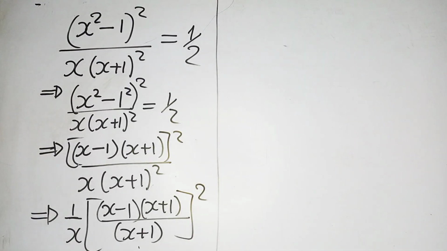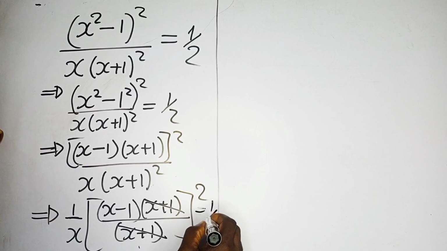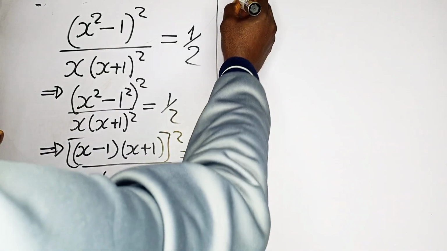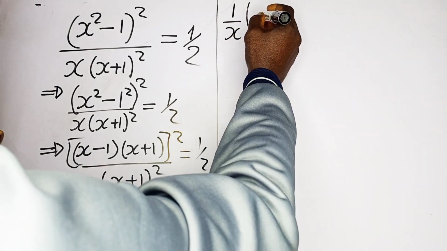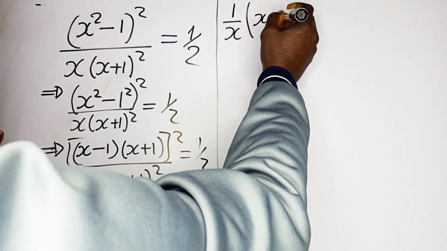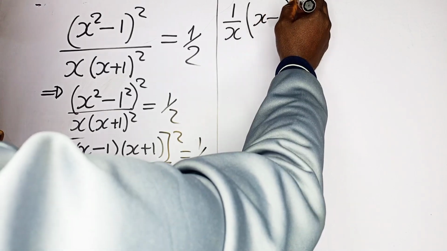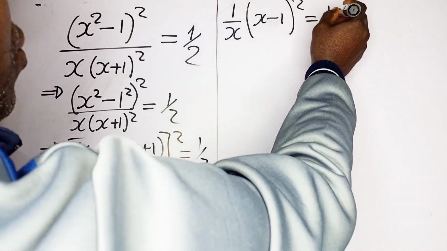We see x + 1 cancels x + 1. All of that equals a half, we don't forget the half. So we end up with [(x − 1) over x] squared equal to a half.